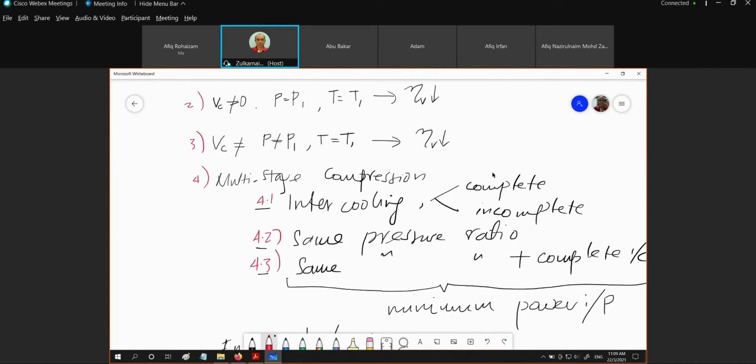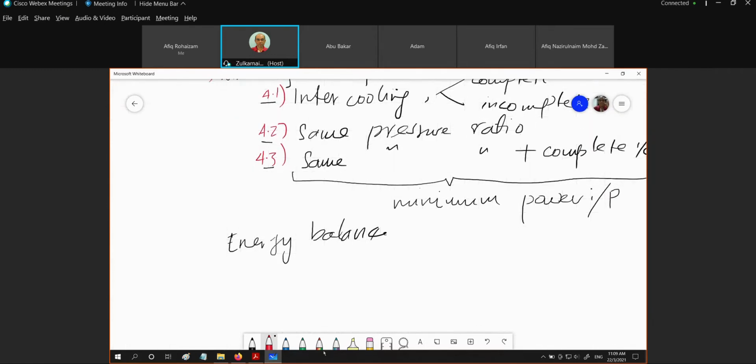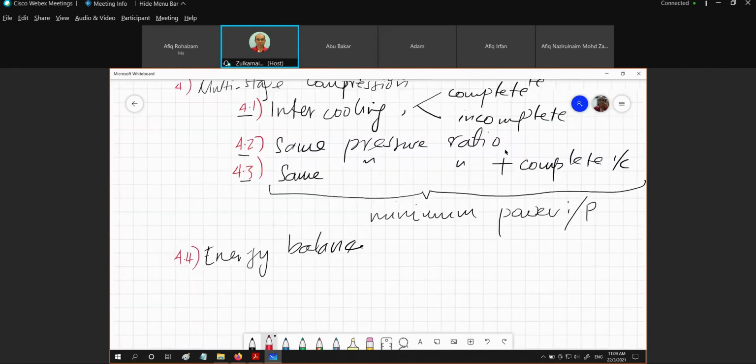So this is all the cases involved. And lastly is the case number 5, to look at the energy balance of the multi-stage, or maybe this one I can assume that this is 4.4. Okay, so these are all the cases, right?